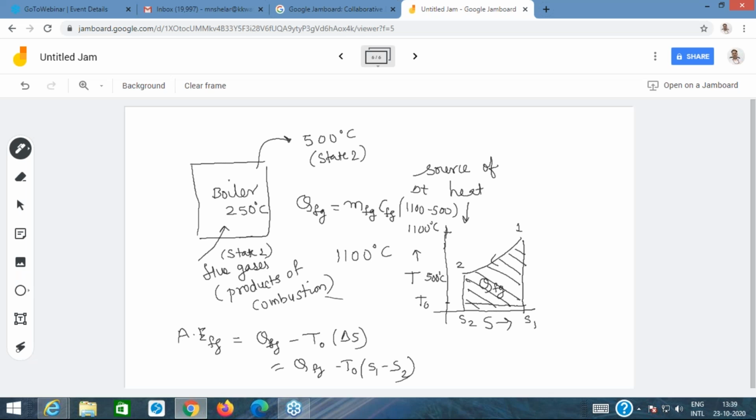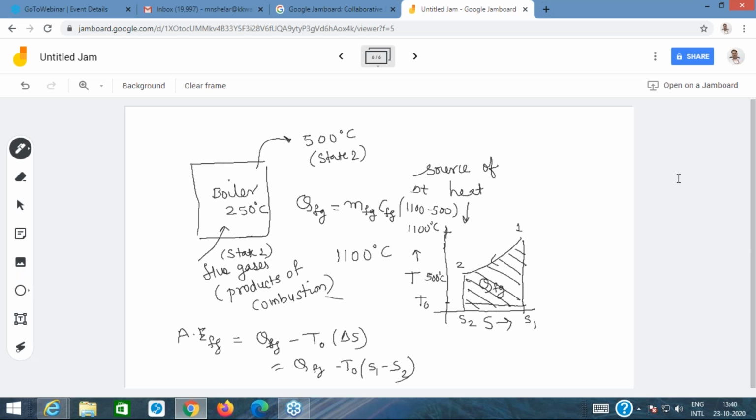What would happen to the entropy of the flue gases, whether it will increase or decrease? The entropy of the flue gases would not increase, Gargi, it would decrease.